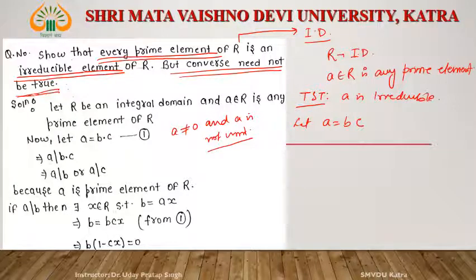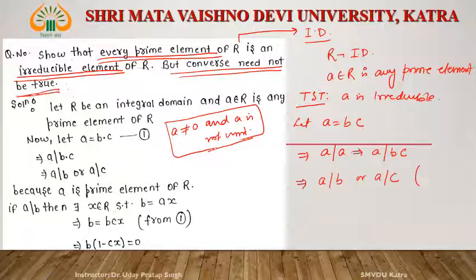The first conditions of prime and irreducible are the same. But come to the second condition of irreducibility. a equals bc, so a divides a, that is, a divides bc. Since a is prime, a divides b or a divides c, by definition of prime.